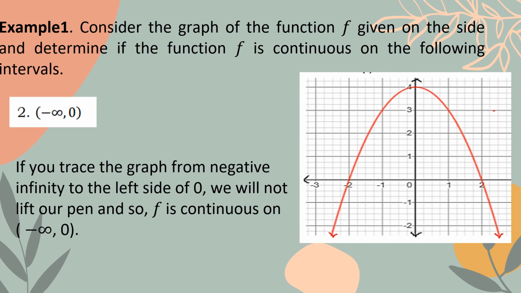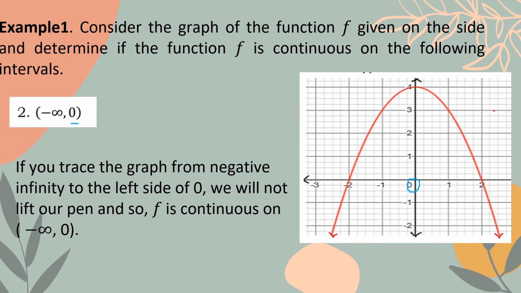If you trace the graph from negative infinity to the left of 0, we will not lift our pen going toward 0. This is continuous, still continuous.